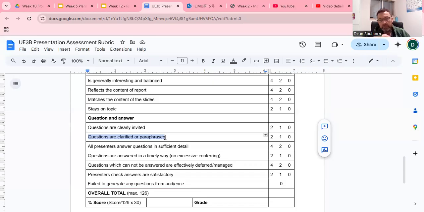If it comes from somebody with quite good language, you can paraphrase it. You can repeat the question. Check you have understood it as well. Even if it's a simple question, repeat it anyway for the people at the back of the class. Okay, you get 2 points for that.